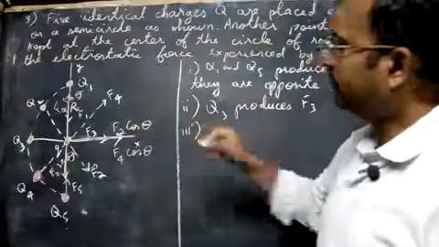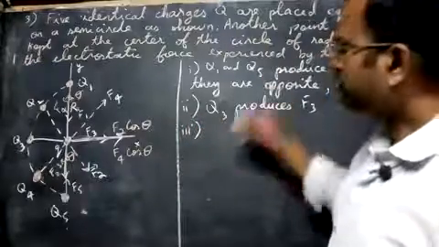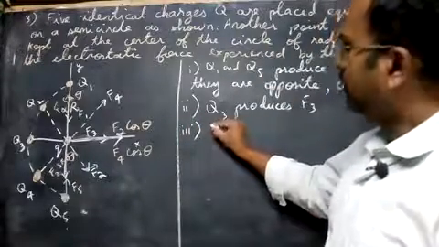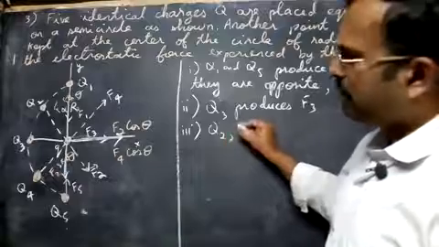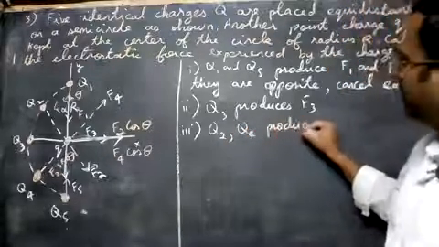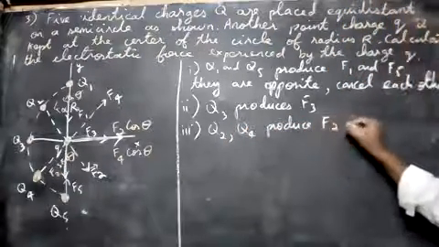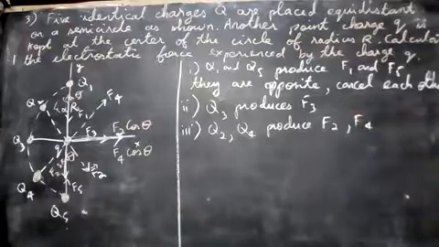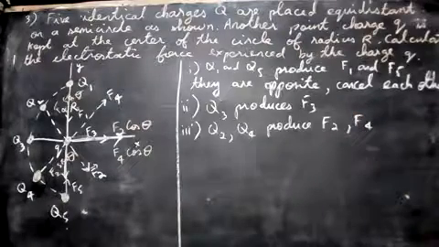Third part: we see Q2 and Q4 produce forces F2 and F4. They have horizontal components.